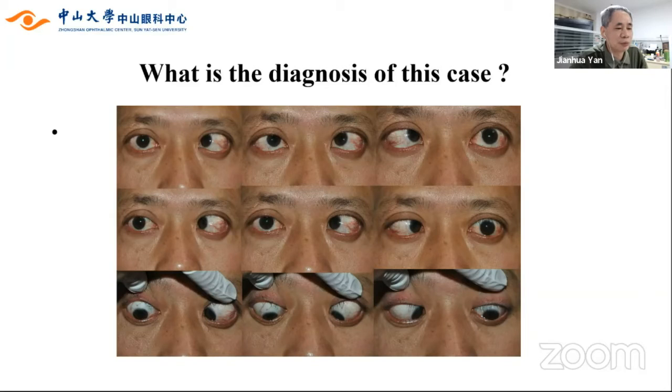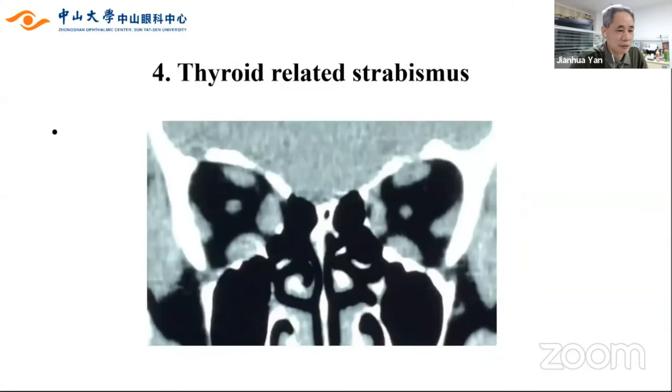Seems he has proptosis in both eyes, and has upper eyelid retraction also, especially the left eye. Look at the orbital CT scan. Many extraocular muscles are enlarged, including the medial rectus muscle of both eyes. Yes, this is thyroid-related strabismus.